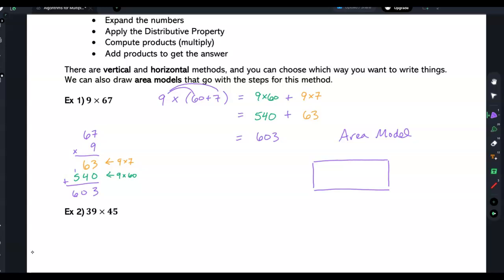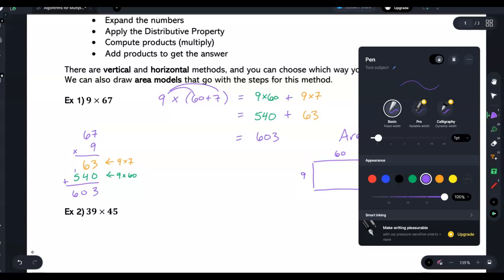So I would multiply the length of 9 times the width of 67. But what I'm going to do is expand it. So instead of just 9 and 67, I'm going to split that up. So again, the 9 can't be split up, but we did expand 67 to 60 and 7. And then we're going to draw a divider to separate that because this is 60 plus 7.